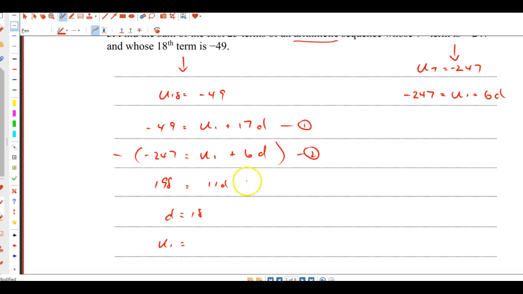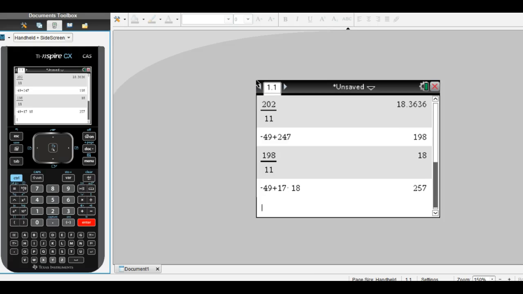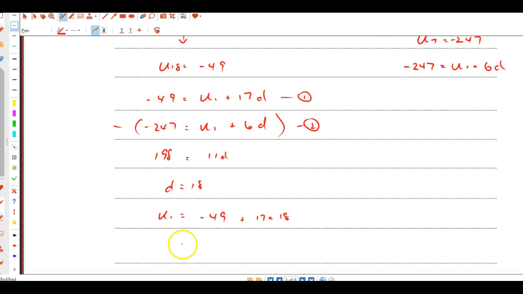U1 is equal to minus 49 plus 17 times 18, and we get 257 as our U1.